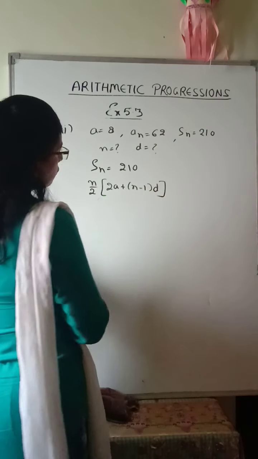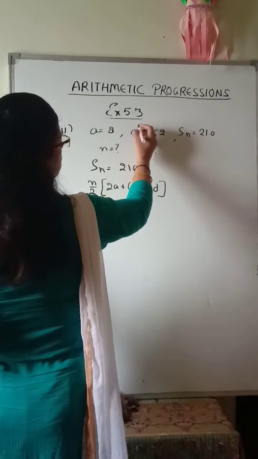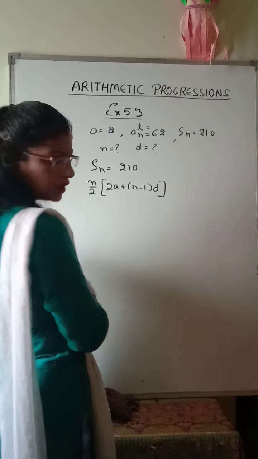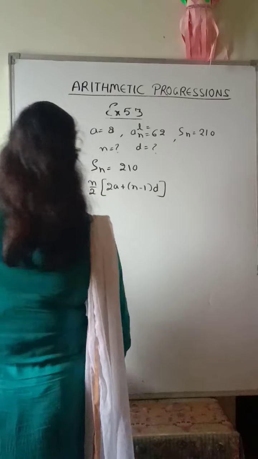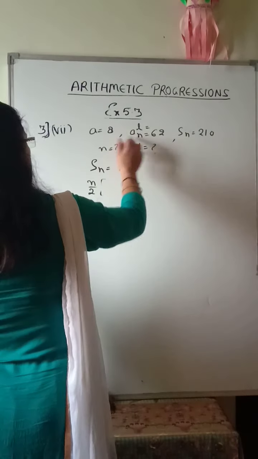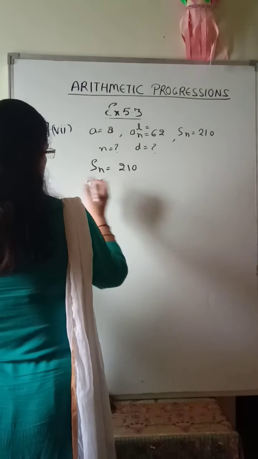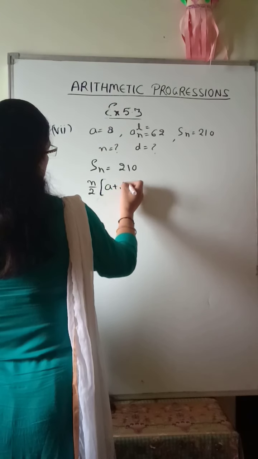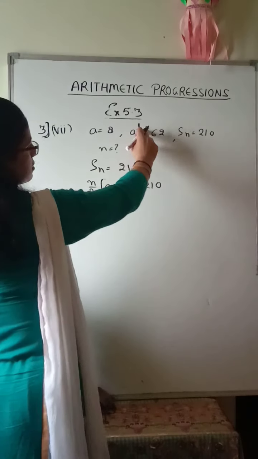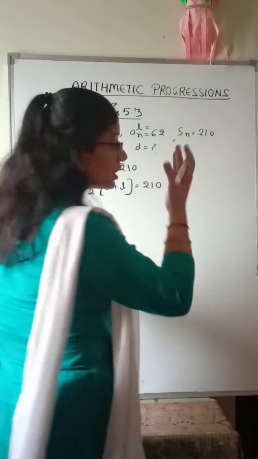Since this a nth term is given to you, that means we are given l, so we can use the n by 2 (a plus l) formula, because the last term is given. You have to use accordingly.